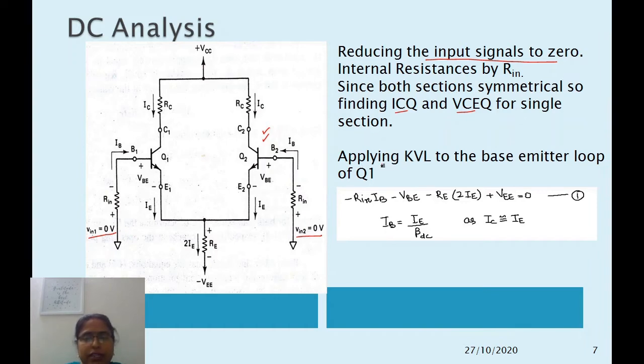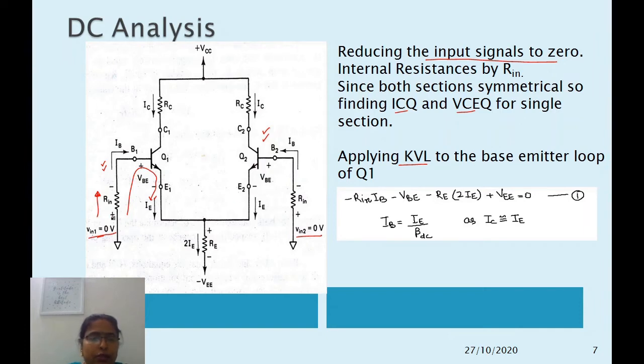So let us start with the DC analysis. First, applying Kirchhoff's voltage law, KVL, to the base emitter loop of Q1, this one. Starting from this Vin1, which is 0, we are moving from positive polarity to negative polarity, so we take the drop as negative. In this circuit the current flowing is IB.